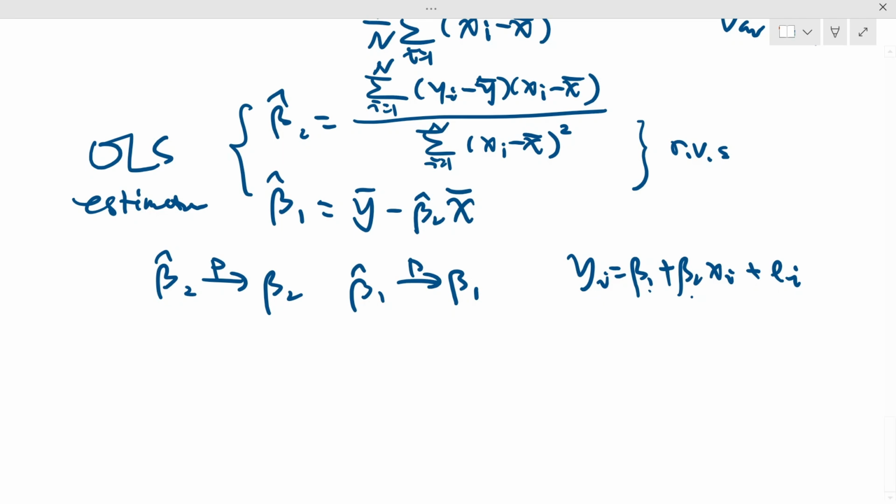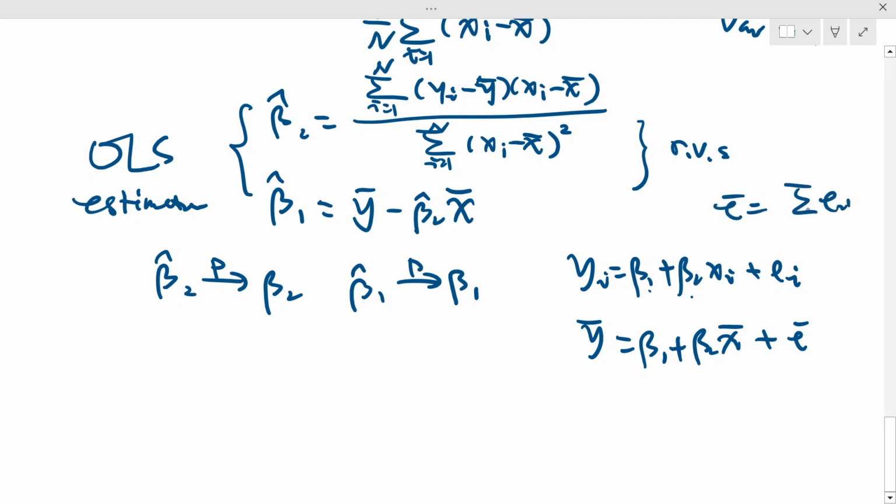And the average y bar will be equal to beta 1 plus beta 2 x bar plus e bar. So e bar will be equal to the sum of these ei divided by n. And note that the ei are IID with mean 0 and uncorrelated.